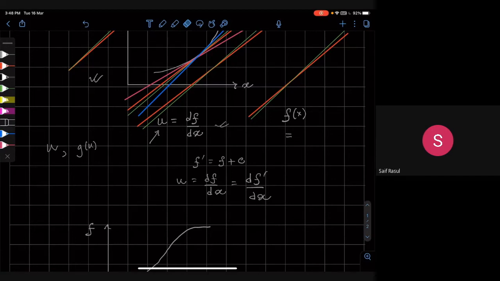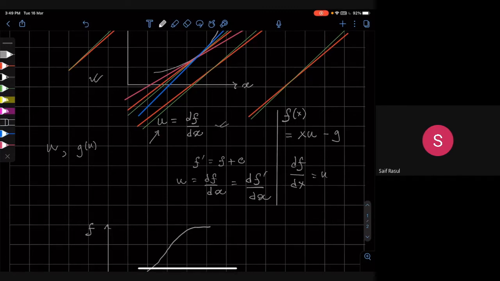So if I think it's f of x is x times u minus g of u, let me see if I'm doing this right. Then d f by d x is u, which is what I wanted.